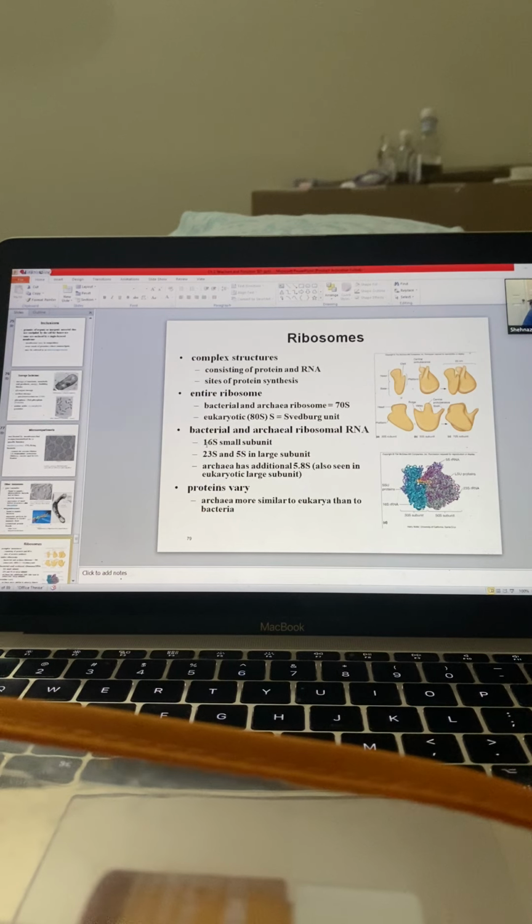Anyway, in the bacterial and the archaeal ribosomal RNA, you will find different ribosomal RNAs. So there is a 16S ribosomal RNA, which is found in the small subunit. So there are two subunits. You can see the small subunit of a ribosome and the large subunit. They are represented in the figures here. So there is a ribosomal RNA attached with the small unit. This is the 16S.